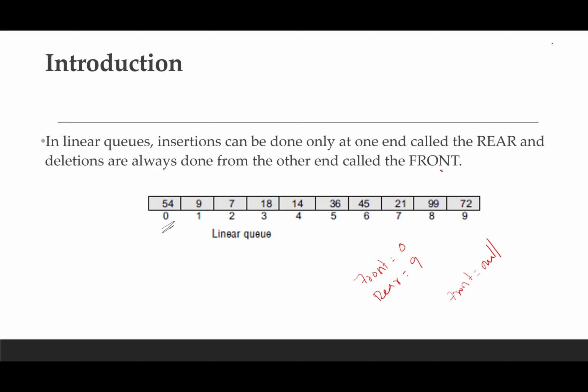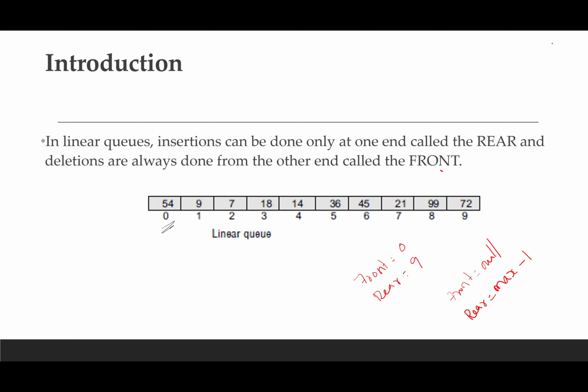Or we can check the condition rear is equal to max minus 1. If it is max minus 1, the queue is full, so if you want to insert another value, it is not possible because there is no space for the insertion.